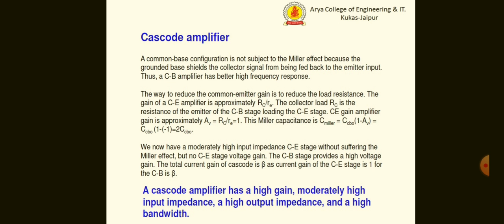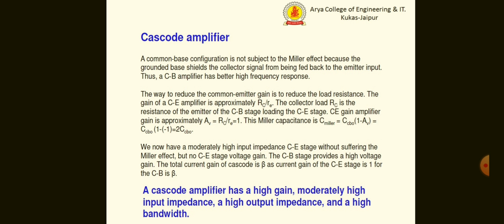The Miller capacitance value is twice CBC. We now have a moderately high input impedance CE stage without suffering the Miller effect, but with no CE stage voltage gain. The CB stage provides a high voltage gain.